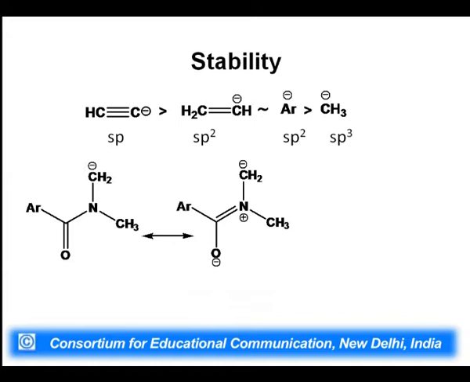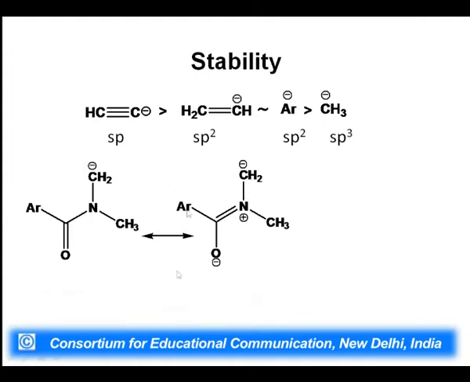Moving on to some other effect, this is not exactly the resonance effect, but we are taking the help of resonance here, by virtue of which we are making this amide C double bond O, N, into an imide kind of system, such that there is a positive charge on nitrogen. Again here, this nitrogen with a positive charge in this part of the resonating structure is creating more pulling of electrons by virtue of the field effect or the minus I effect, and hence this negative charge is again decreased.